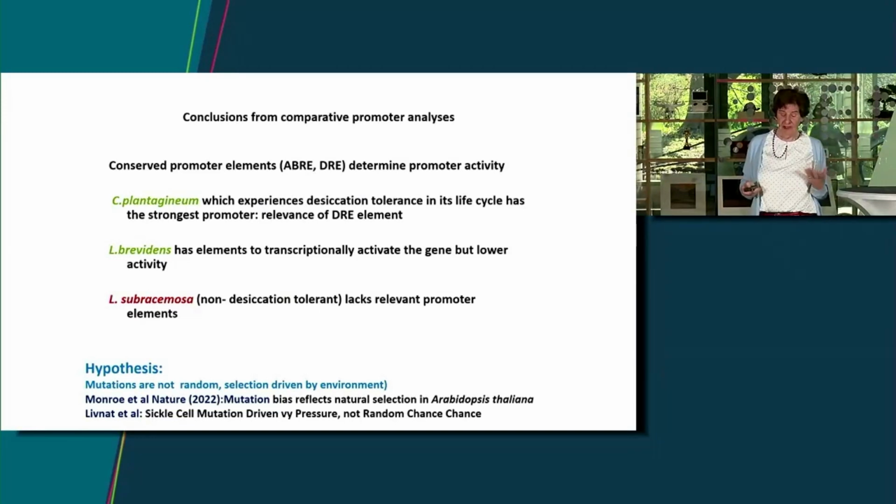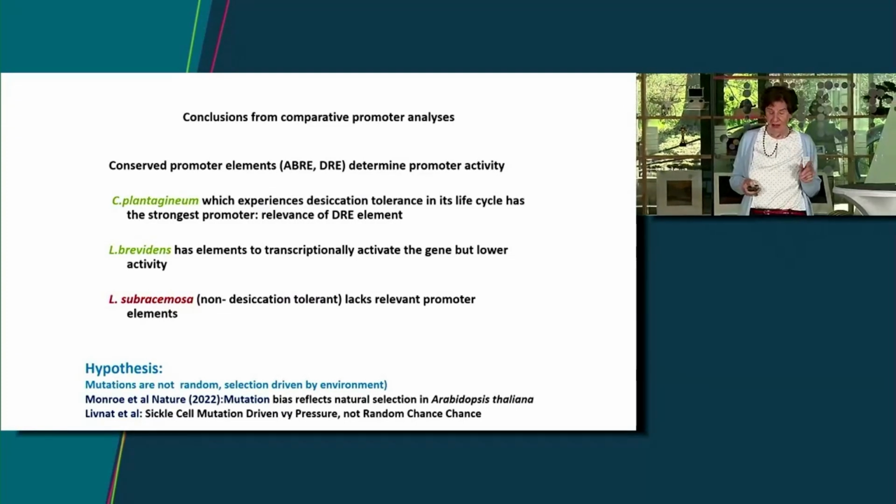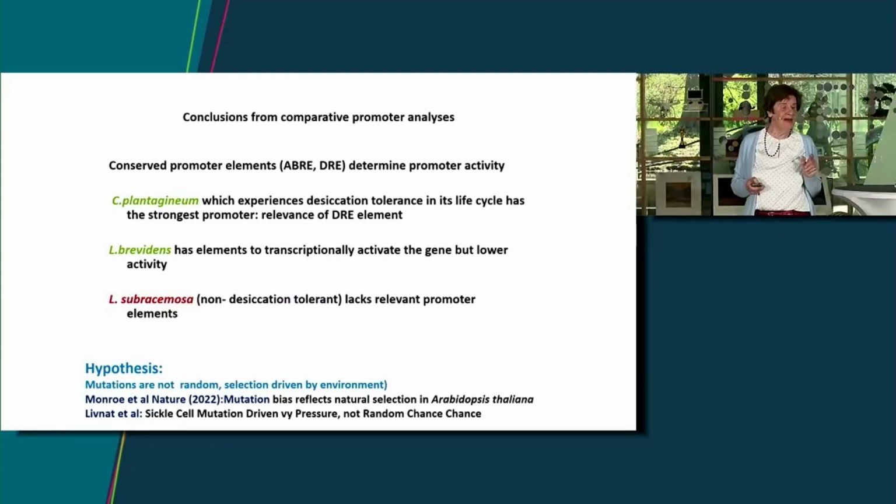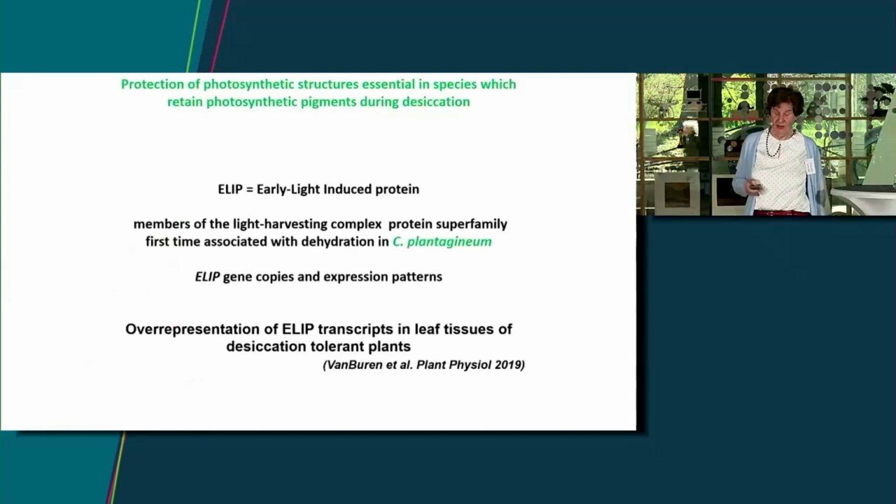So my hypothesis to this is that mutations also in the promoter region, in the regulatory region, are not random, but they are driven by the environment. And this has been supported by two different recent analyses in different organisms, and the citations are written here on the slide.